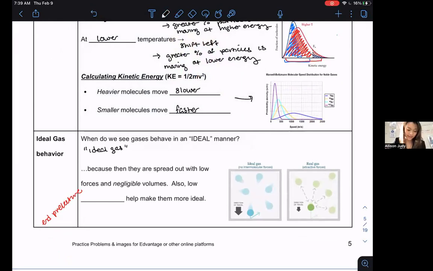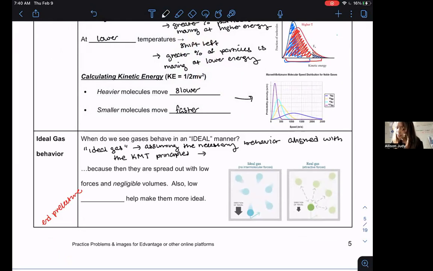When a gas is called an ideal gas, we are assuming the necessary behavior aligned with the kinetic molecular theory principles or postulates. And so what that means is, when do we see a gas behave in an ideal way? When do we see a gas behave as assumed in the KMT, kinetic molecular theory?